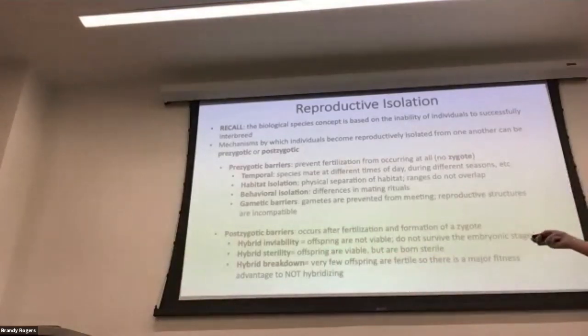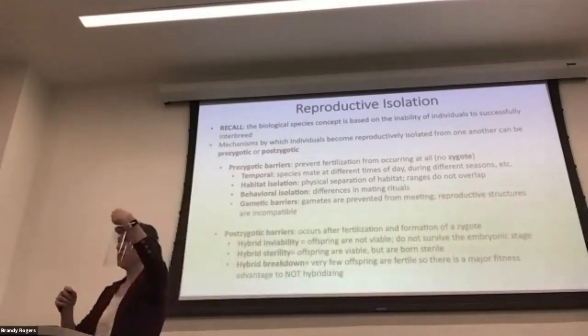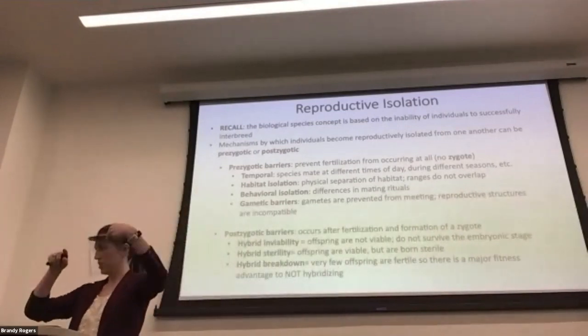And then you've got gametic barriers where your gametes are prevented from meeting physically, meaning that reproductive structures are incompatible. You don't fit. A good example of this is in certain types of snails, where their shells spiral in the same direction.